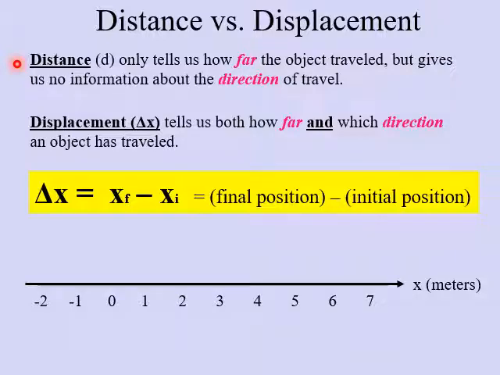On the other hand, something called displacement, which is given by the symbol delta x, tells us two things. It tells us how far, in other words, the distance, but it also tells us the direction that an object has traveled. Therefore, displacement has more information, and it's a little more useful and powerful in defining motion.